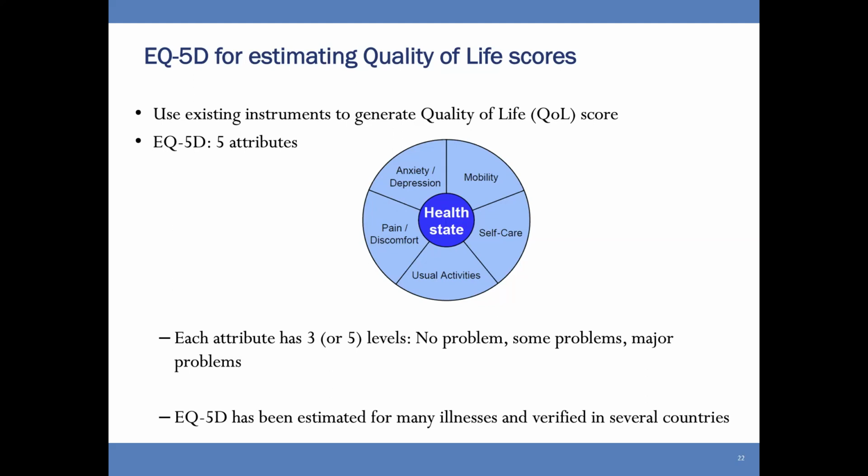EQ5D is just a survey, and it tries to capture how well a person is doing in 5 aspects of health. That's why you see EQ5D. EQ is for EuroQol, developed by a European organization, and 5D means 5 dimensions.